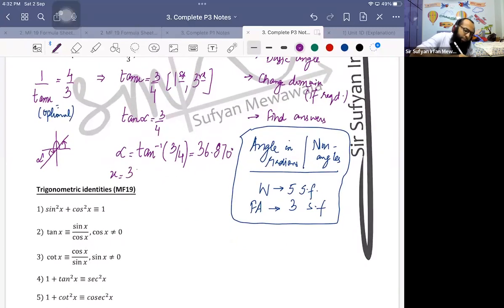It is going to be 36.9 degrees. And then if we are going to add 180 to it, it is going to be 216.9 degrees. So x equals 36.9 and 216.9 degrees.